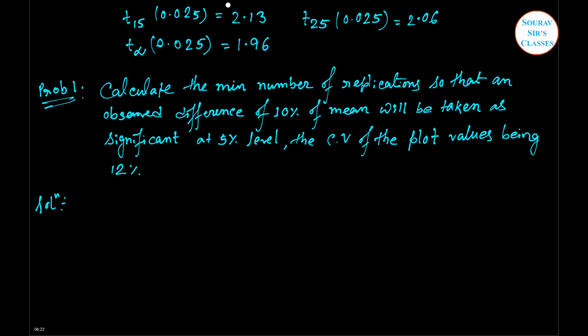Okay, here is a problem. Calculate the minimum number of replications so that an observed difference of 10% of mean will be taken as significant at 5% level, the CV of the plot values being 12%. Now, where is the solution?